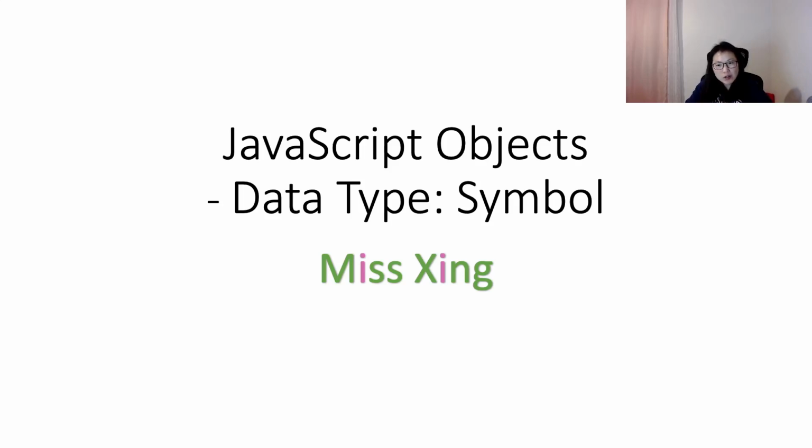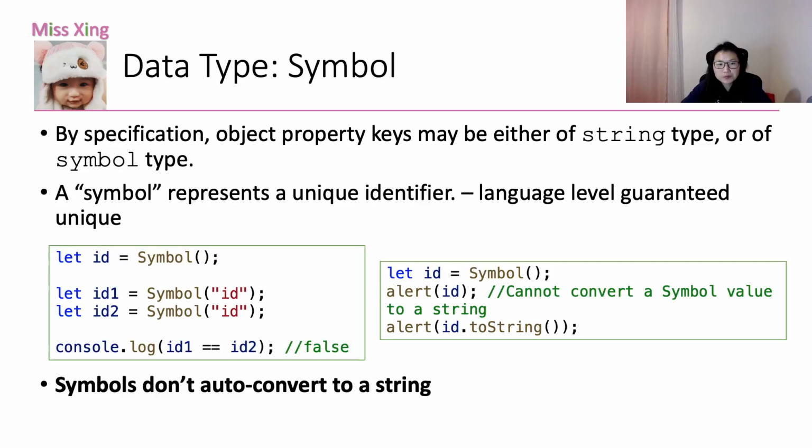So now let's take a look at what a symbol is. According to the specification, when we define the key for an object property, it can be either string or symbol type. So far, when I write code, I always use a string.